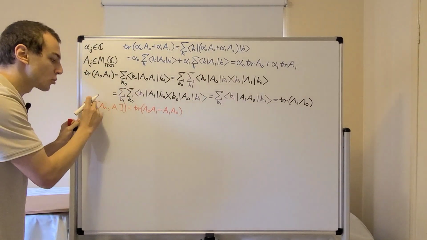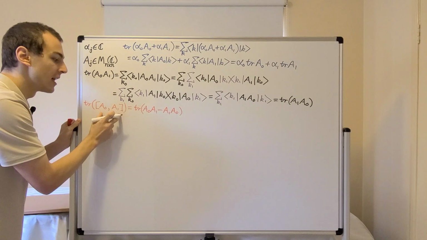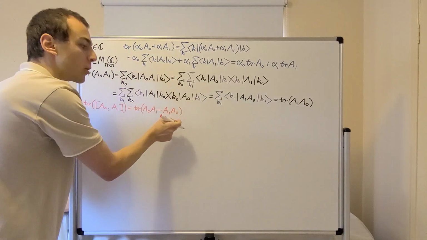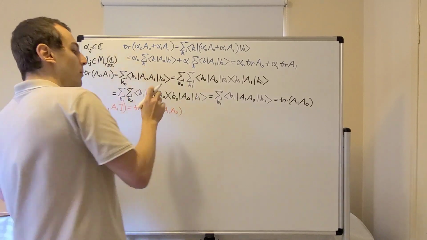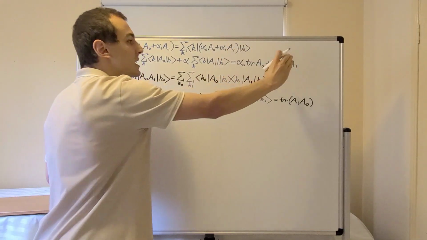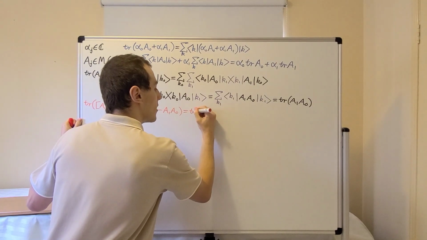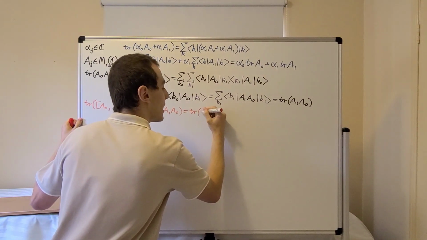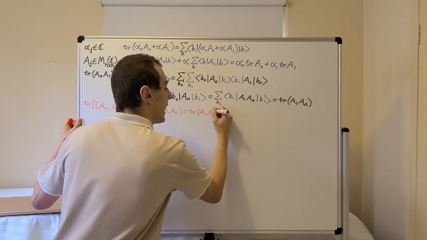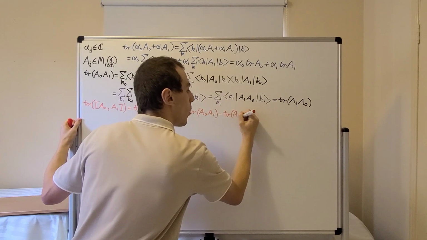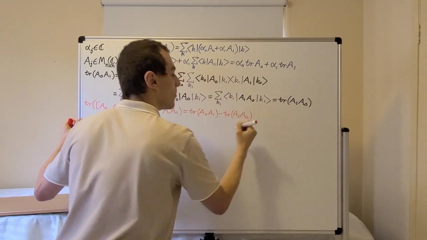When you put these square brackets with a comma over here, that is shorthand notation for this combination, where we swap the order and then subtract. But because we have this linearity property, we can break this up into the trace of A0 A1 minus the trace of A1 A0.